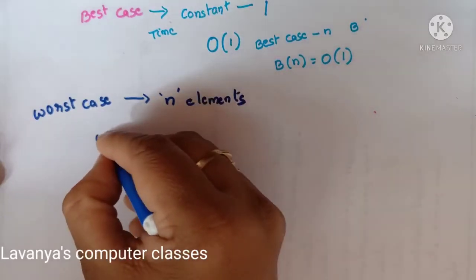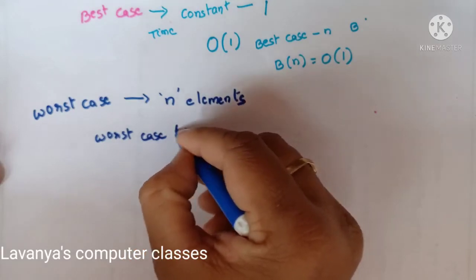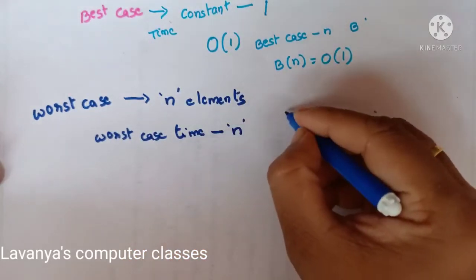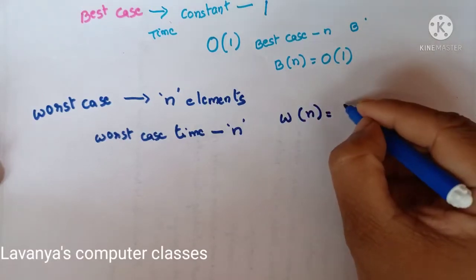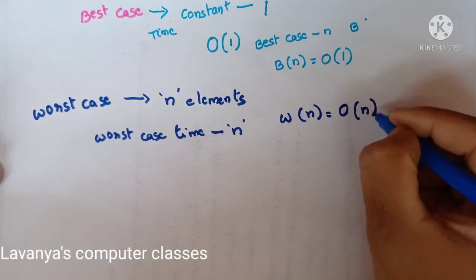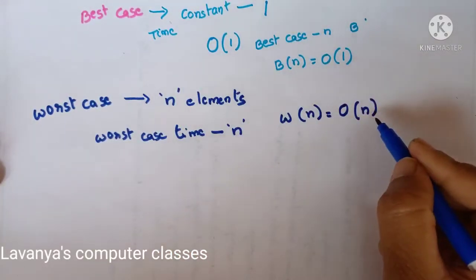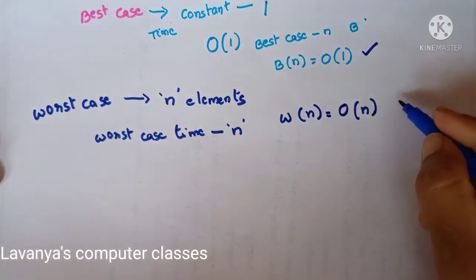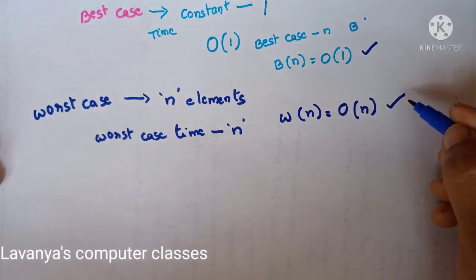So the worst case time means you have to check all n elements. That's why you write worst case of n equal to big O of n. Best case of linear search is O of 1. Worst case of linear search is O of n.